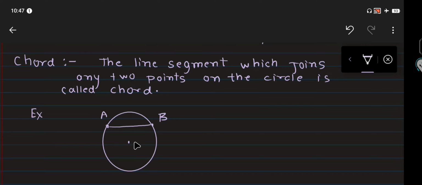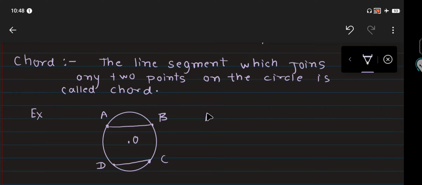And here's the center of this circle, O. And we can take one more chord. Let's take another points D and C. If you again join these, it will be another chord.